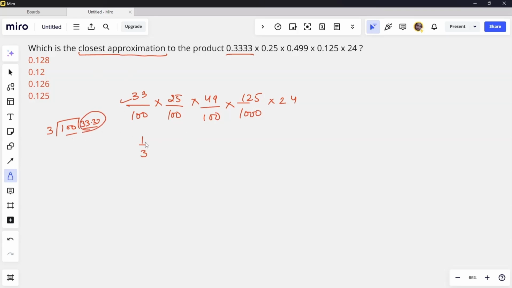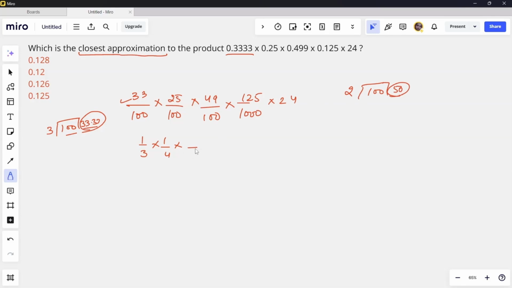So I can write it as 1 by 3 into, and it is the 1/4 part of 100, so I can write it 1 by 4, and this is not exactly 50, but we can approximate it. If we make 2 parts of 100, 1 part will be 50.